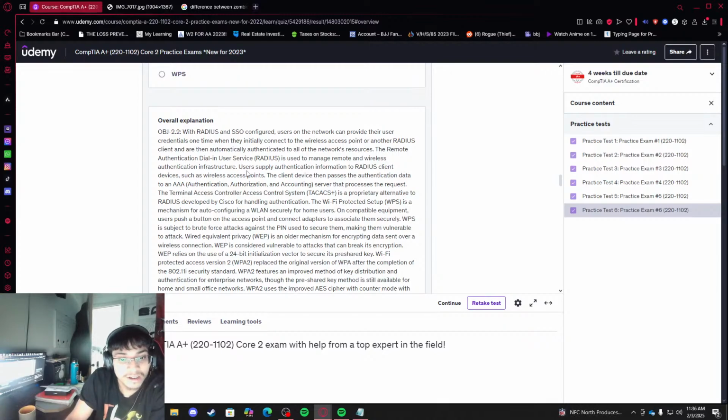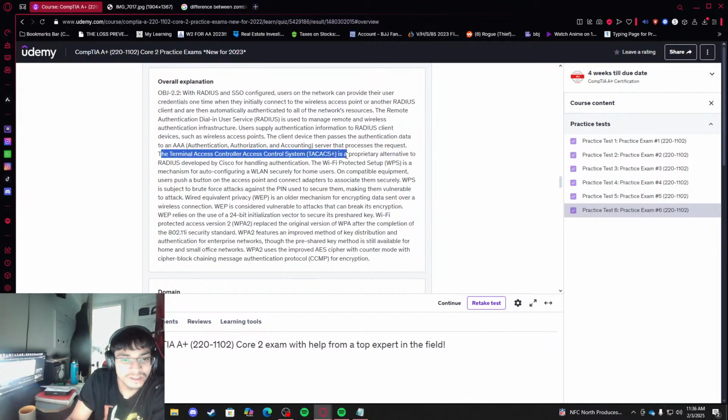Users supply authentication information to Radius client devices such as wireless access points. The client device then passes authentication data to a AAA, authentication, authorization and accounting, server that processes the request. So like I mentioned before, this is a two-step thing.